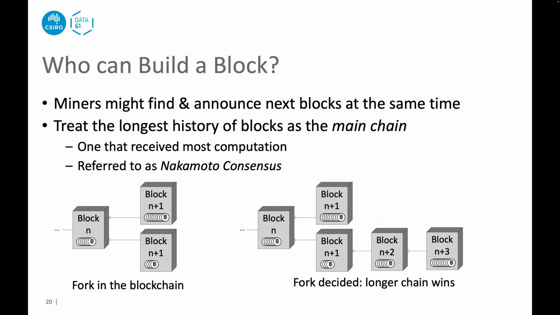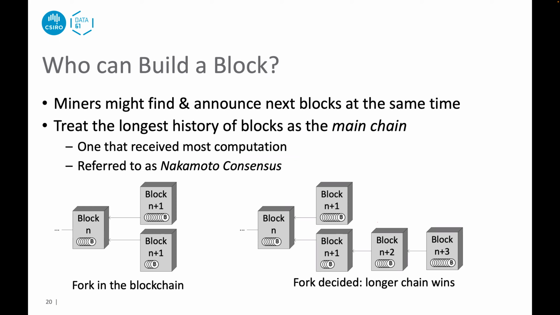Nakamoto is the pseudonym behind Bitcoin, where he or she said, okay, that's fine, but let's wait a while to see what other miners would do when they build the next block, or the block after. After a while, you would see one part of this network growing longer, whereas the other part is not. So the longest chain wins is essentially what Nakamoto Consensus means.